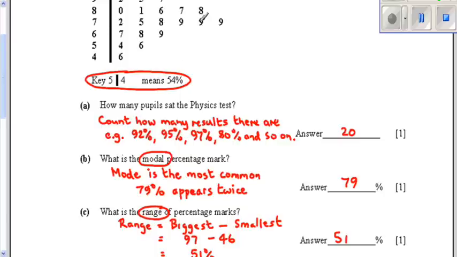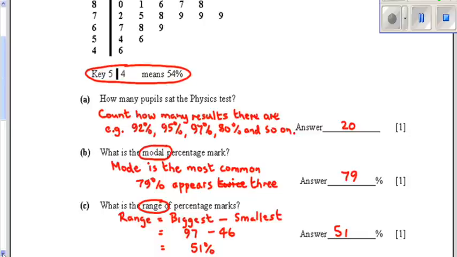So hopefully when you look back up through all the results there, you can see that 79 appears, in fact it appears 3 times, and no other result appears as many times as that, so that means that 79% is the modal result, or the modal percentage mark.